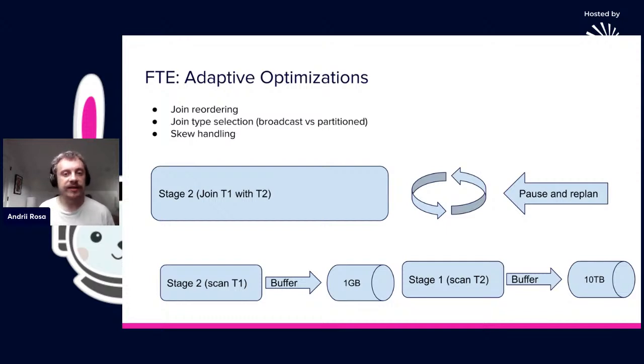You can also dynamically switch from broadcast to partition join. You can handle skew. There are many things you can do if you can suspend a query at any arbitrary point and replan.